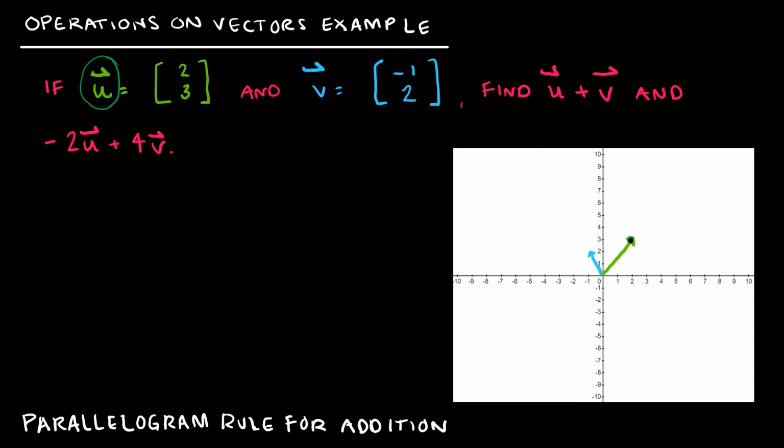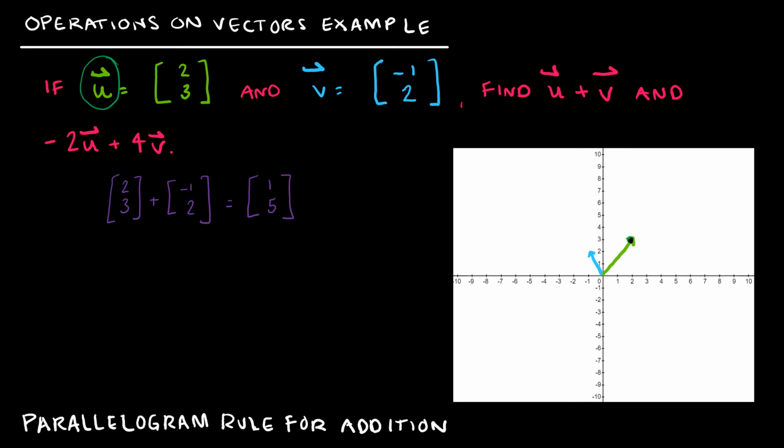Now, if we're asking to find u plus v, let's look at this in a couple of different ways. So I'm going to use purple because that's not green or blue. So if I have 2, 3 plus negative 1, 2, I end up with 1, 5.